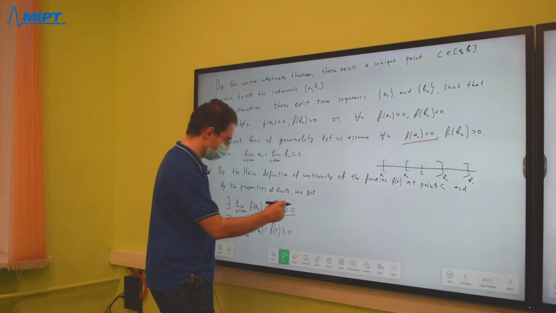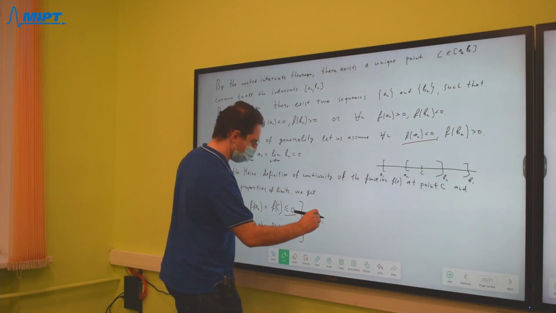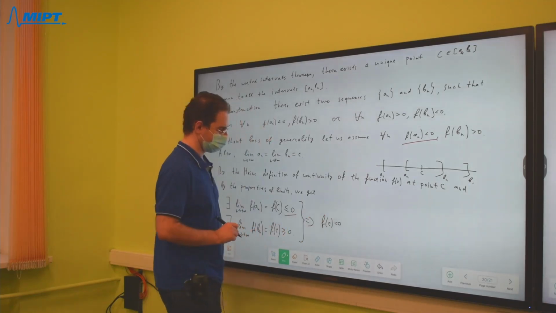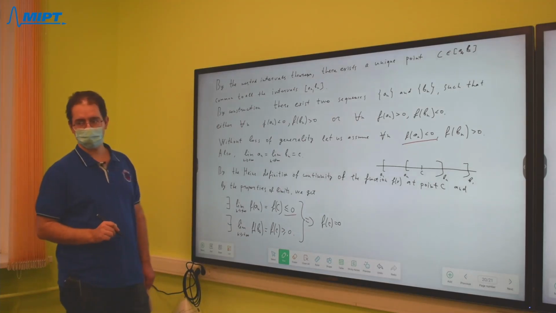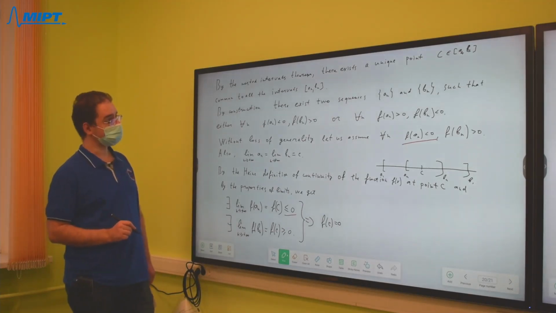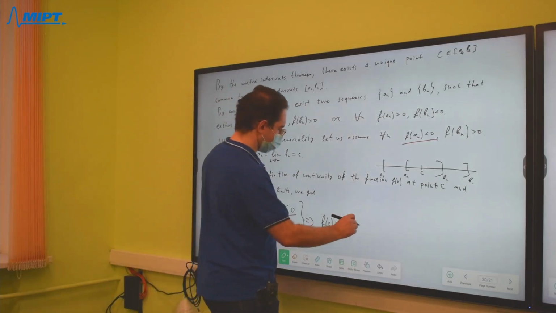So from those two statements obviously follows that f of c equals 0. And thus we have found a point in my interval where my function attains value 0. End of proof.